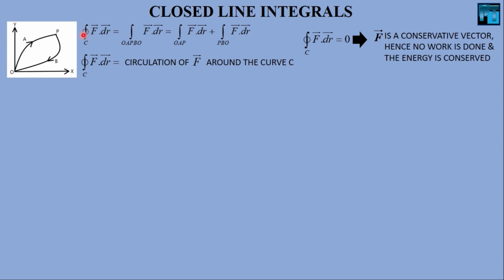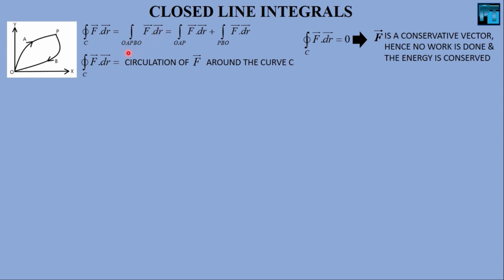Now this closed circle represents the closed line integral, whereas in the case of an open line integral there is no such closed circle. Now remember, this closed circle may not always be present. See, this is also a closed line integral.